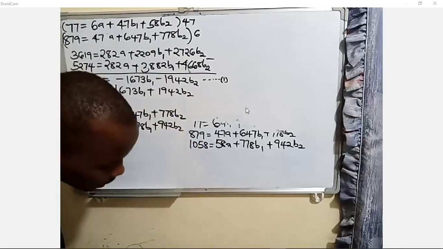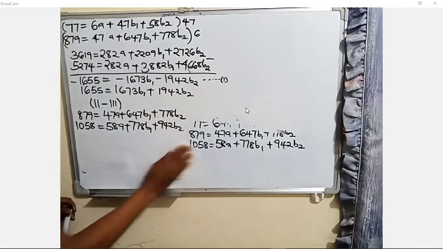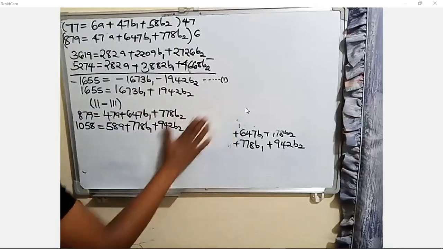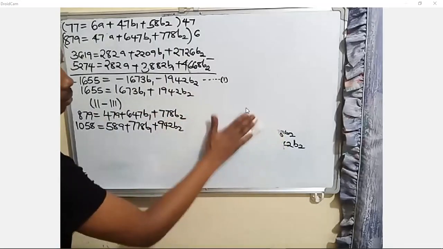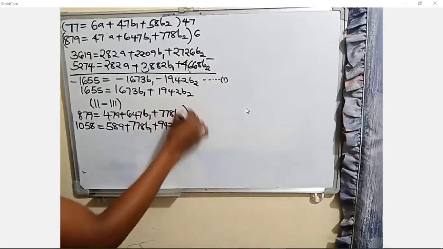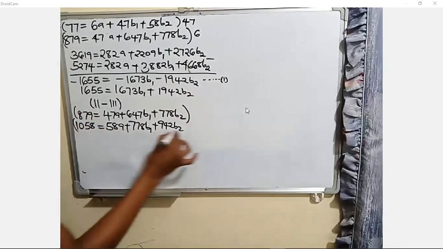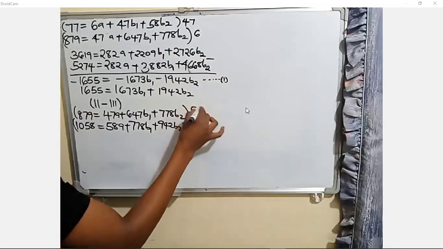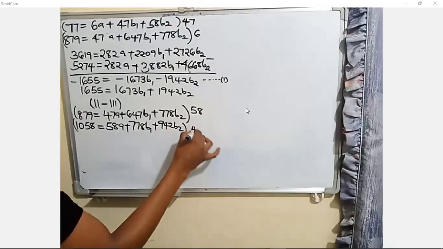We also eliminate our a. So the first equation I multiply by 58, and the other one we multiply by 47.